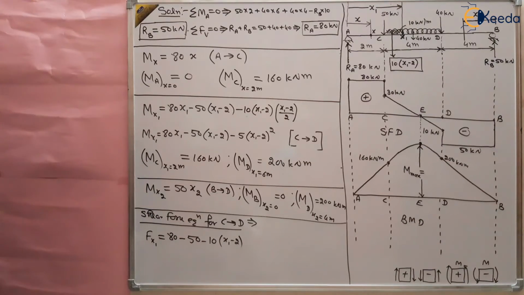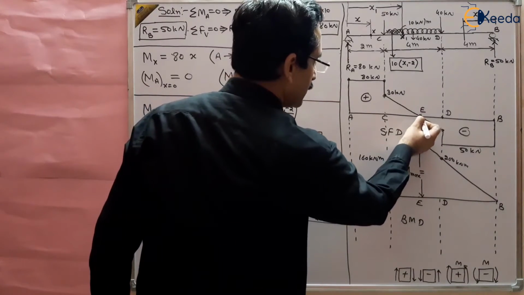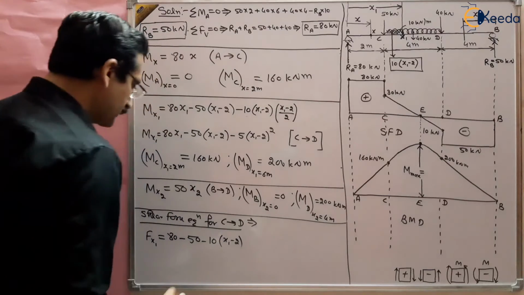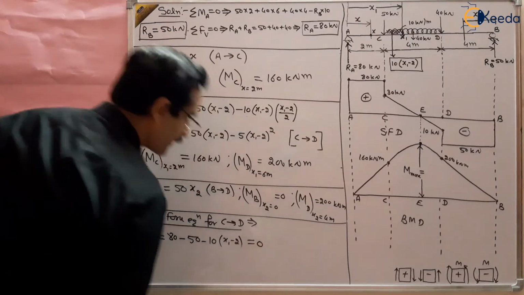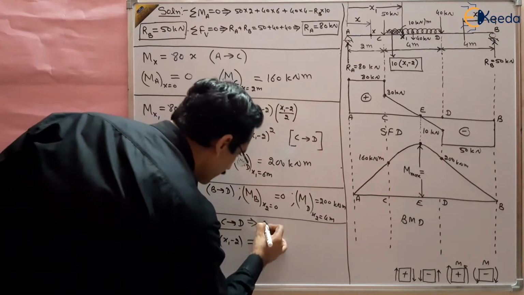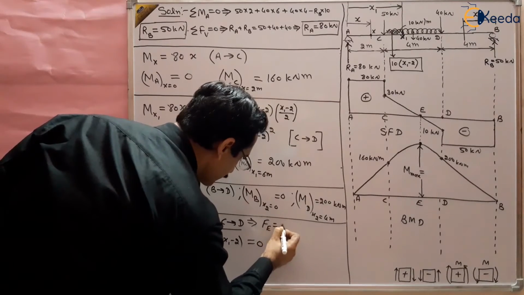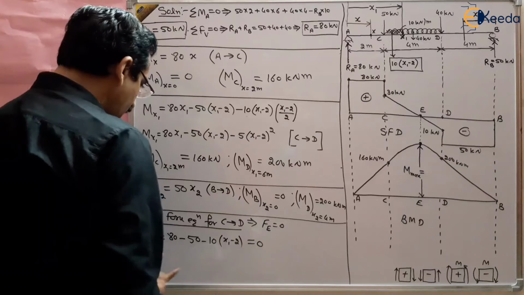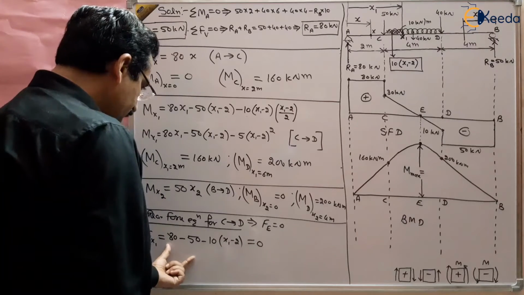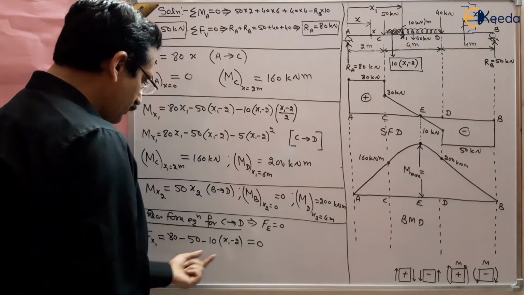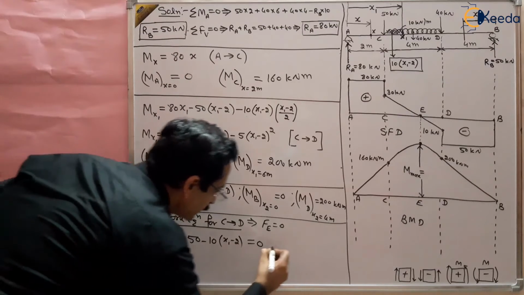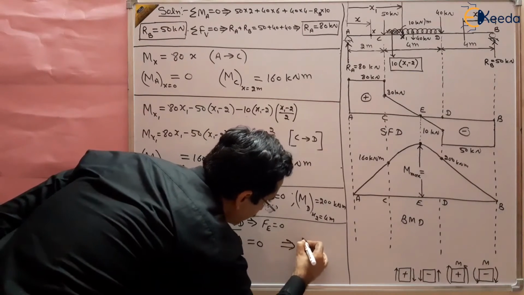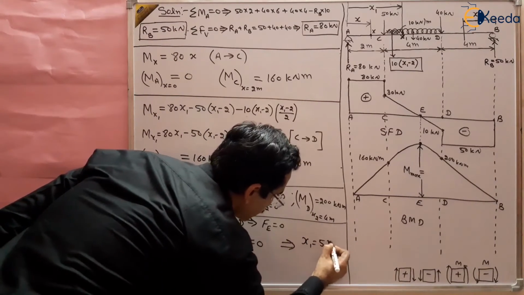right? And we want to locate this point E, and for E this should be equal to 0, right? Because we know Fe equal to 0. So for locating the E, let us find out this, and this is 30 and 3 and 2, 5. So you will get x1 equal to 5. From here you will get the value of x1 is equal to 5 meters.